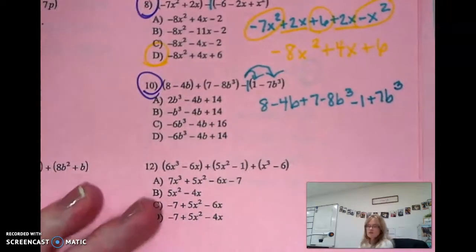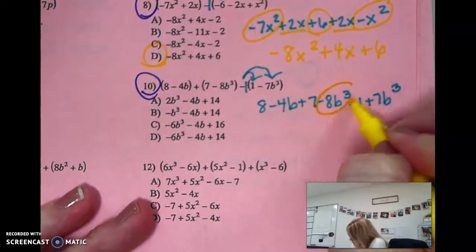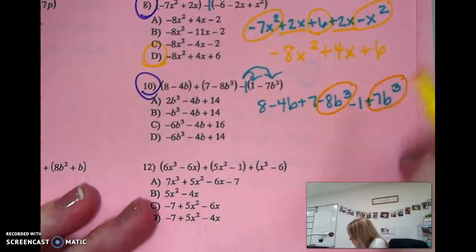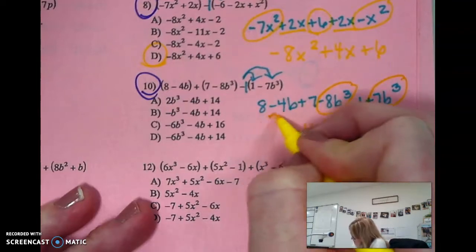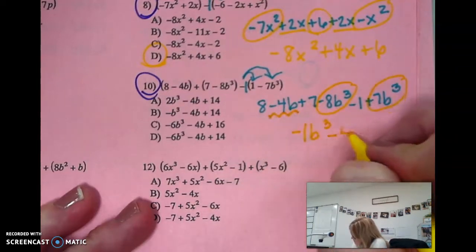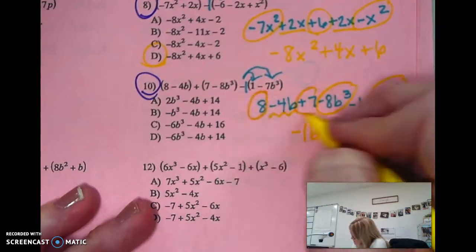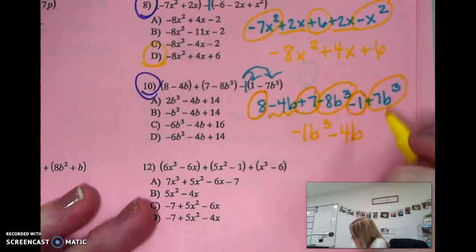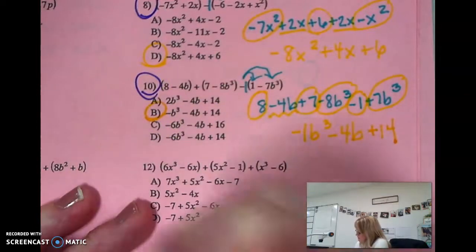And now we look for our like terms. We have negative 8b to the third and positive 7b to the third, which is negative 1b to the third. This is our only b, so it's a negative 4b. And then we have an 8, a 7, and a negative 1, which gives us a positive 14. So our answer is B.